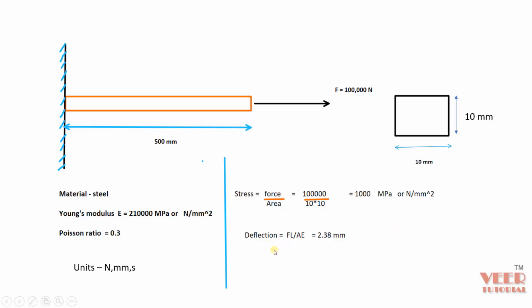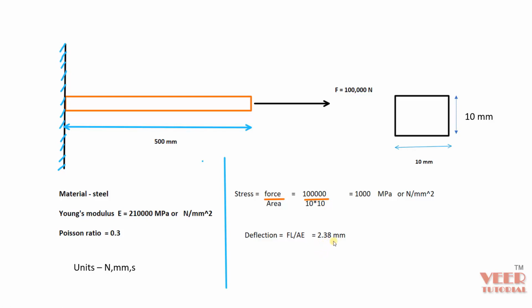The deflection is given by FL by AE, where F is force, L is length, A is area, and E is Young's modulus. When we insert all these values, the deflection turns out to be 2.38 mm.